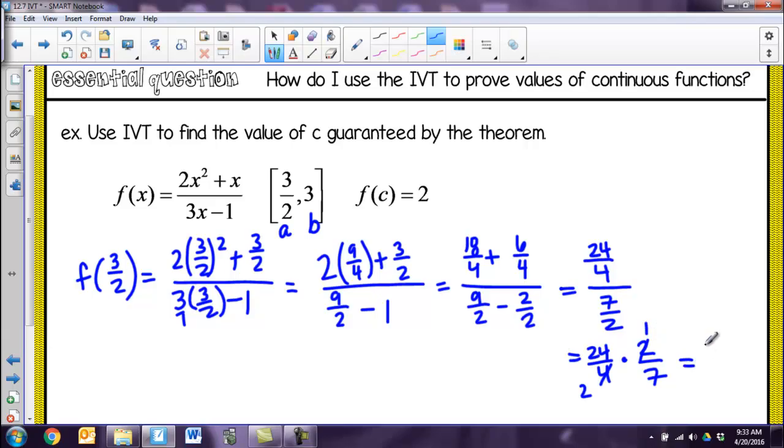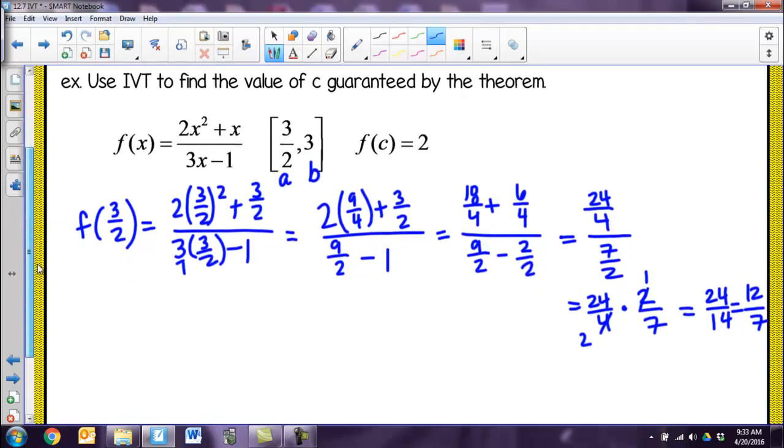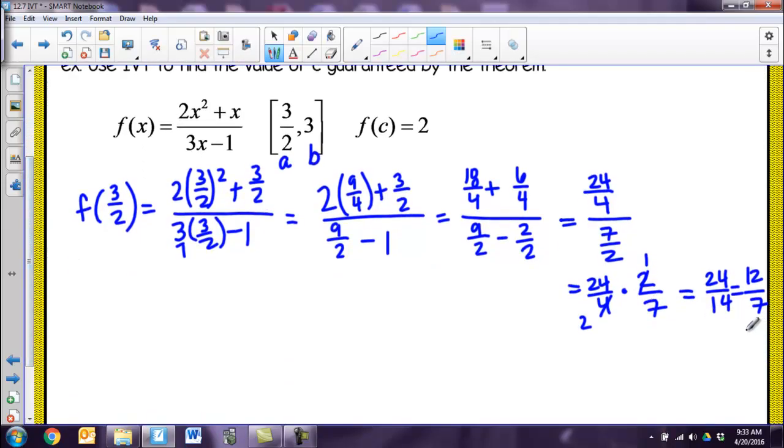So I'm left with 24/14, which could then simplify to 12/7 if I divided everything by 2. Okay, so I get my first fraction there, and something that might be a little bit helpful here is to figure out what this would be as a decimal, because I'm not really sure where 12/7 is. This is about 1.7 if I think about it. I know it's a full 1 and then almost to 2.